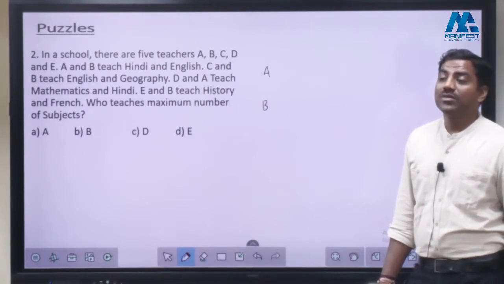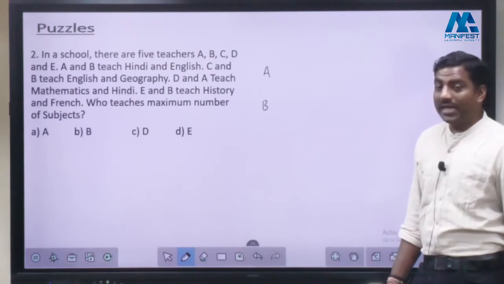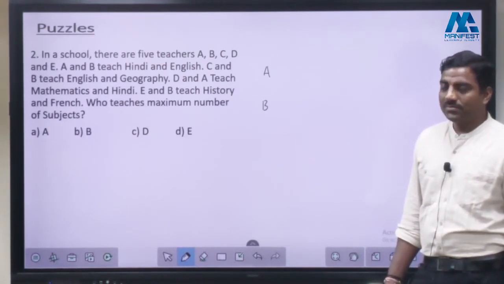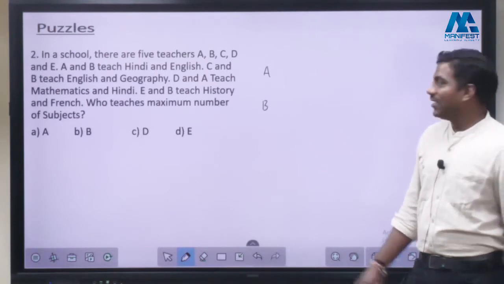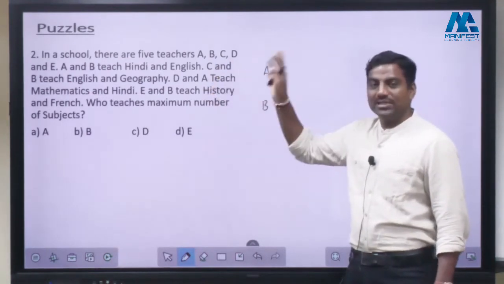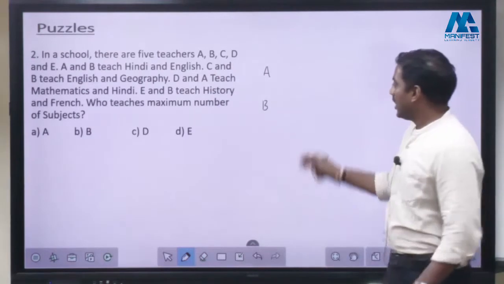A Hindi and B English. Both can teach both subjects. If they had given respectively here, then A would teach Hindi, B would teach English. Respectively, very important word I am telling you.